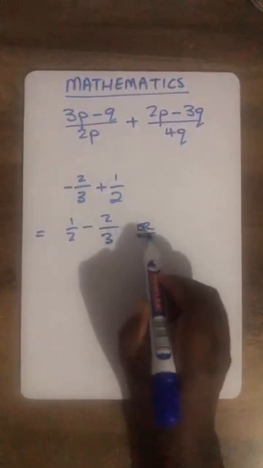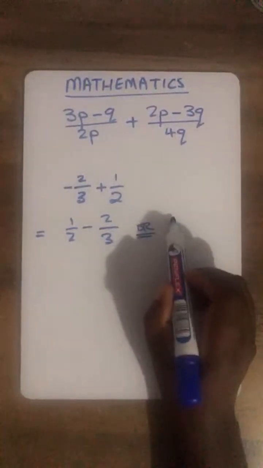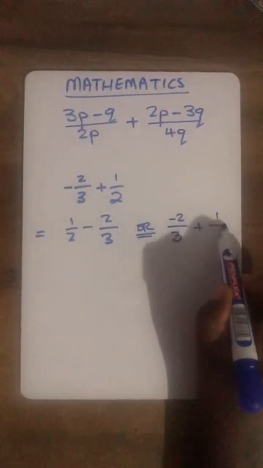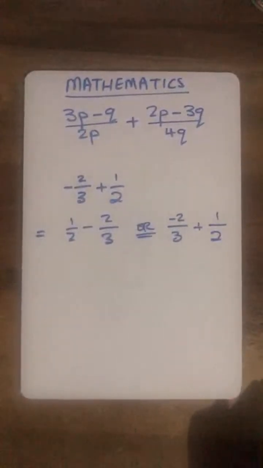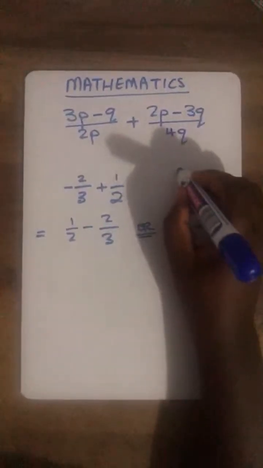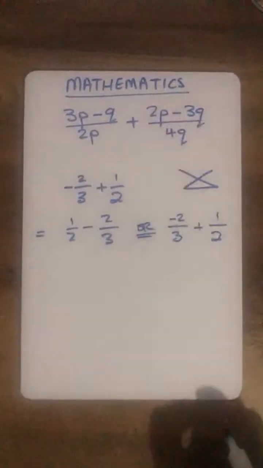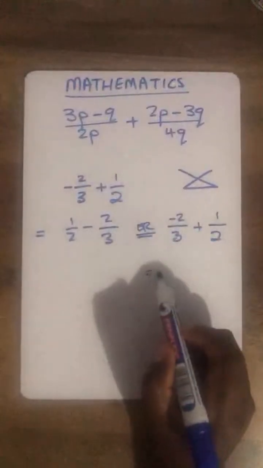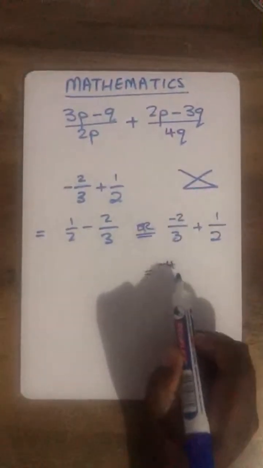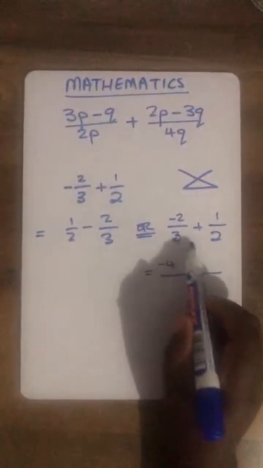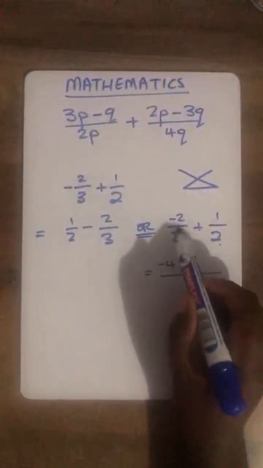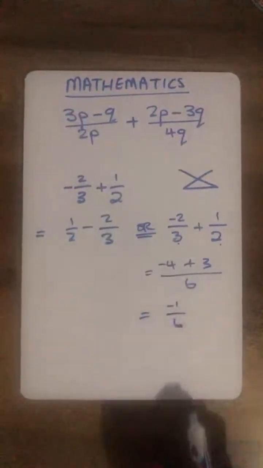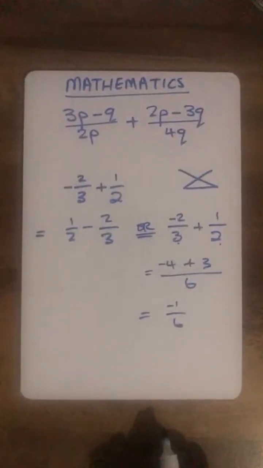Or otherwise, honorable members, what you can do, you can say you are having negative 2 over 3 plus 1 over 2. At the end of the day, you will forever use that. So when you multiply that 2 by that, it's like you are multiplying negative 2 by 2, which is negative 4. And then remember, you should have started with that being 6. Then when it gets to that, it's plus 3 over there.